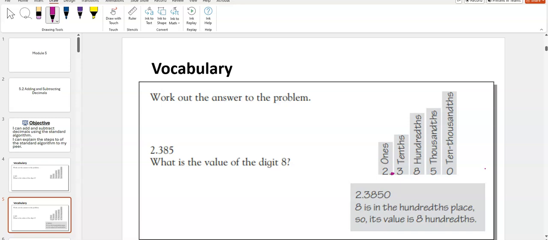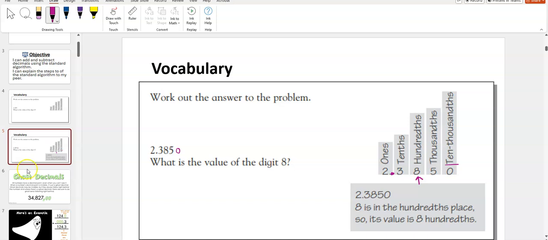Then if I fill in my digits of 2.3850, adding that 0 on the end because we didn't have any 10,000ths originally, but we do want to add that 0 so that I can properly locate its place value, then I can see that the number 8 is here in the hundredth spot. So therefore the 8 is 8 hundredths.